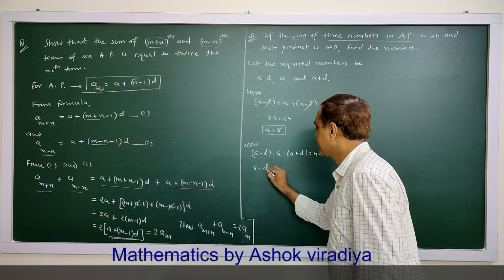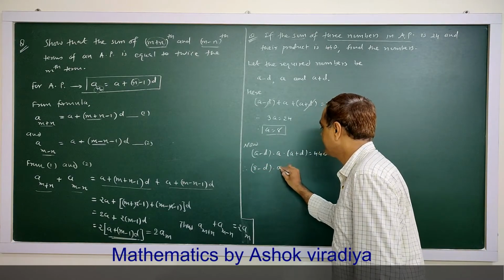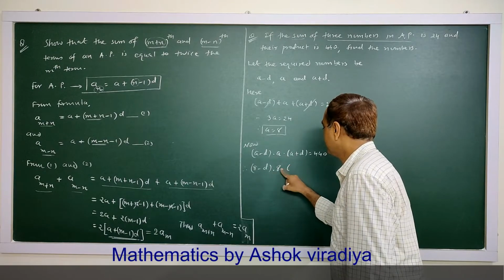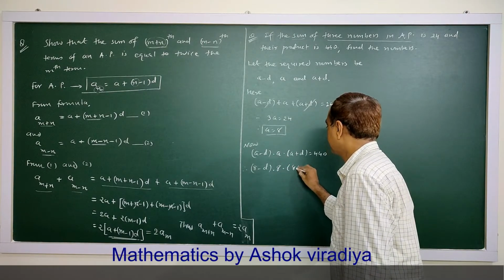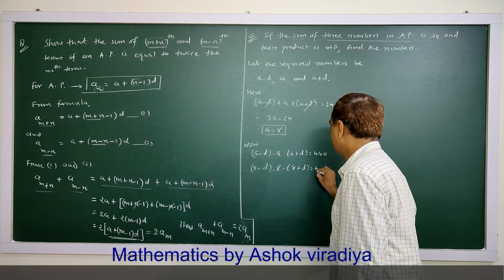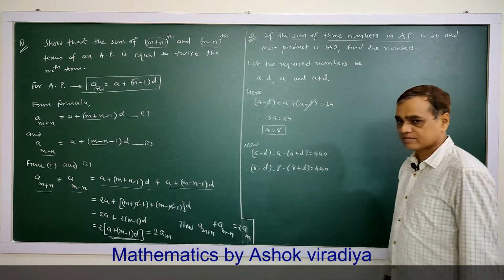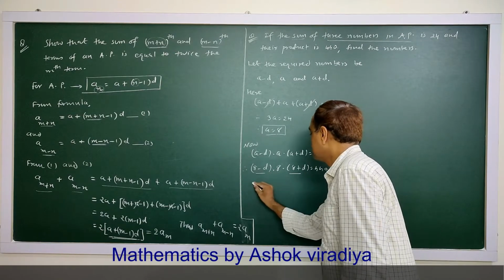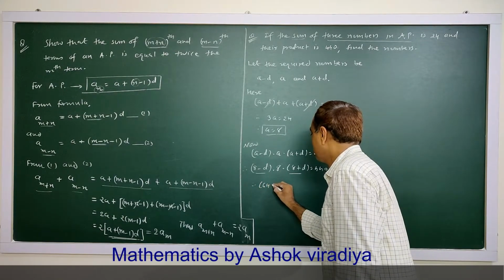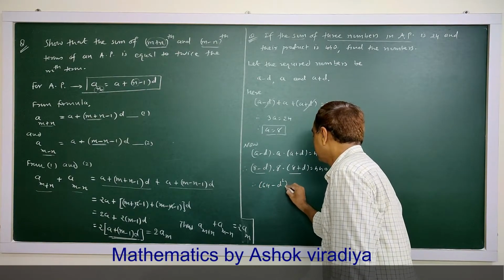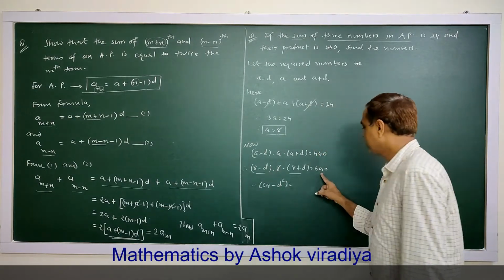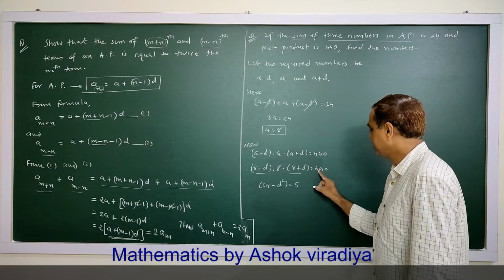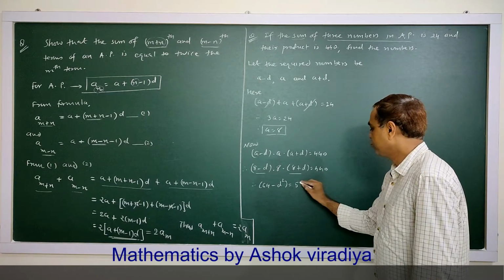So 8 minus d into 8 into 8 plus d is equal to 440. So multiplying these two numbers, 64 minus d square is equal to 440 divided by 8. So 8 into 5 is 40, 4 is left, 8 into 5 is 40.